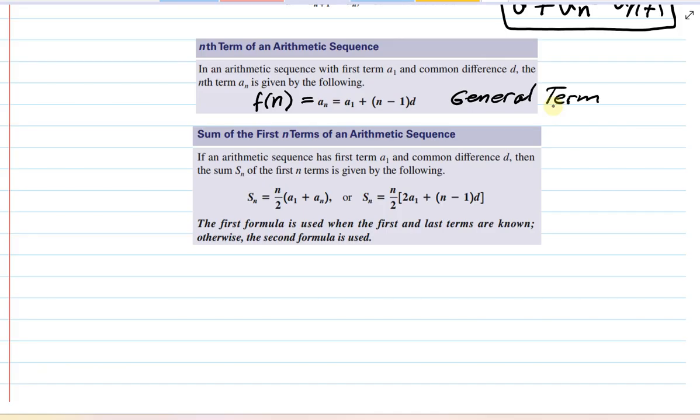Now, the other idea in the section that we are interested in is, what if I want to add a few terms in the sequence? That will give me the series. For example, in the previous section, section 7.1, near the end of the video, I added the first 1,000 counting numbers.